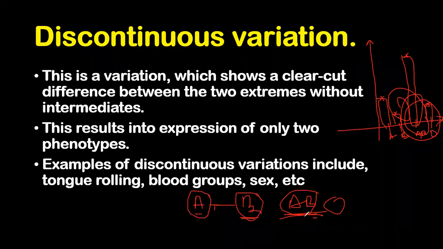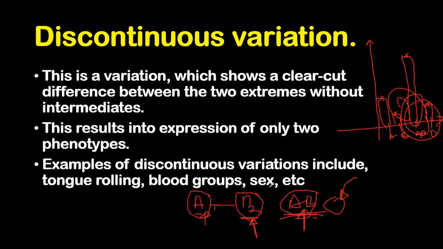You cannot find a person who is between blood group AB and blood group A. You cannot find a person who is between blood group O and blood group A. These are totally 4 different blood groups.